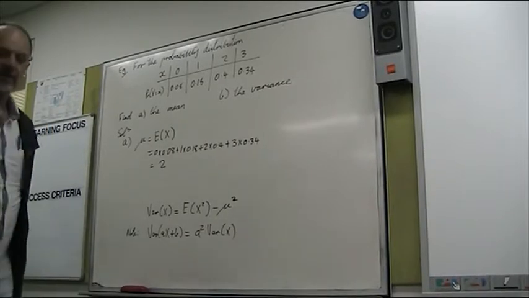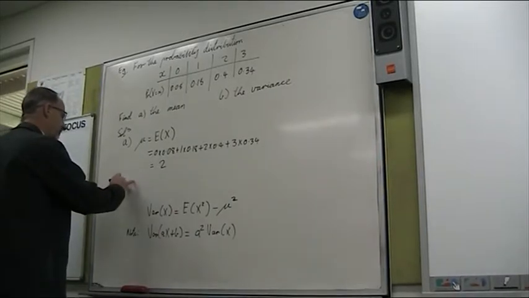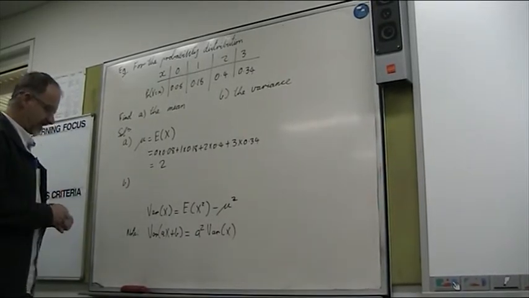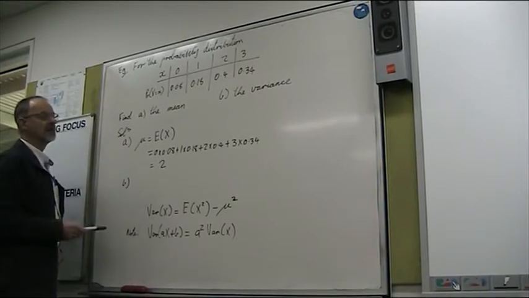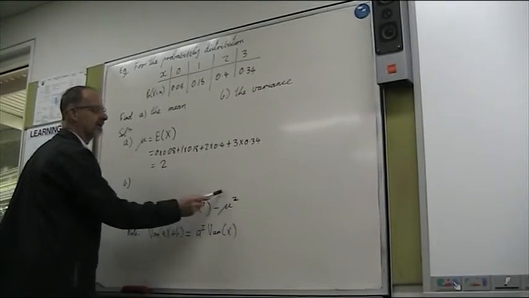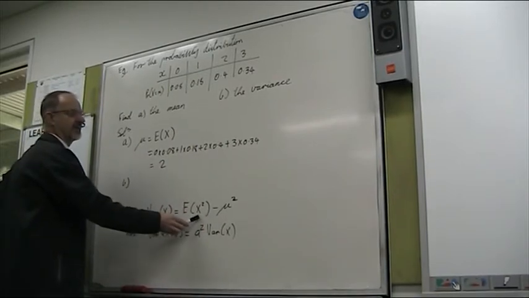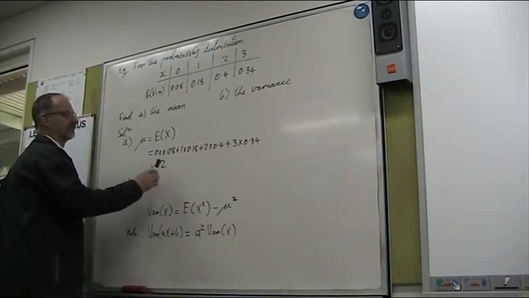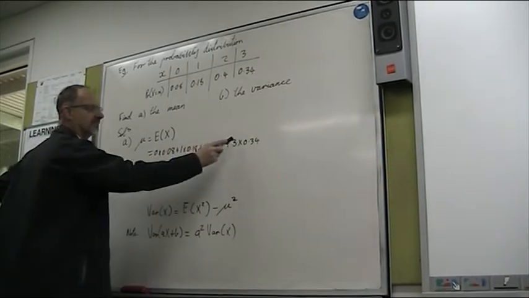All right, so our mean is 2. Now, most often the easiest way to work out the variance is going to be with this particular version, because we've already got the mean. So for the expectation value of x squared, it's similar to what we got here, but each of these is going to be squared.